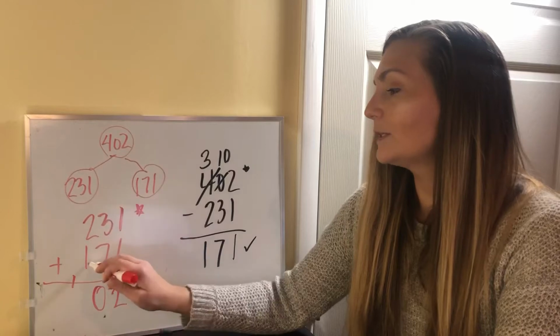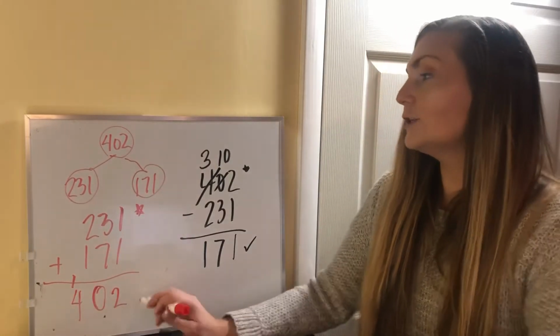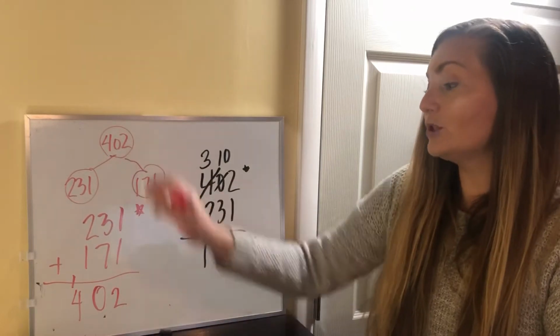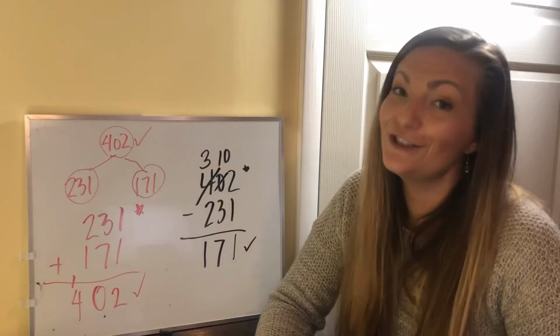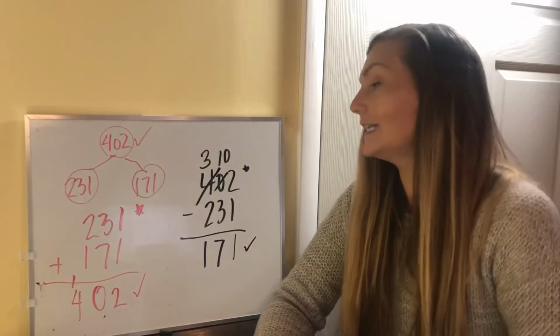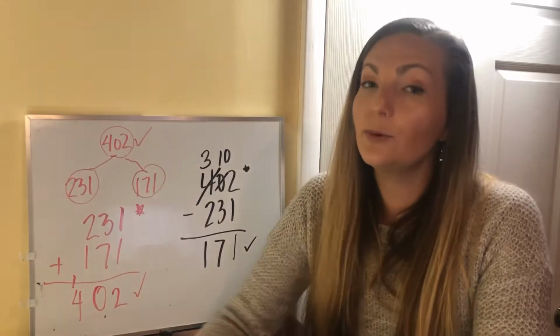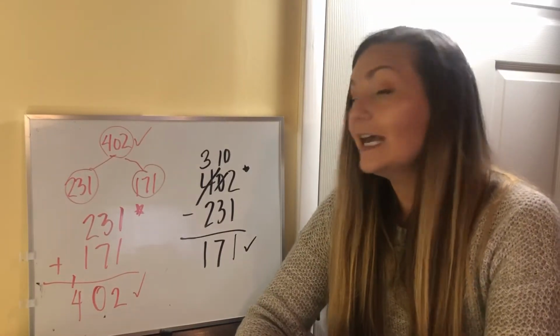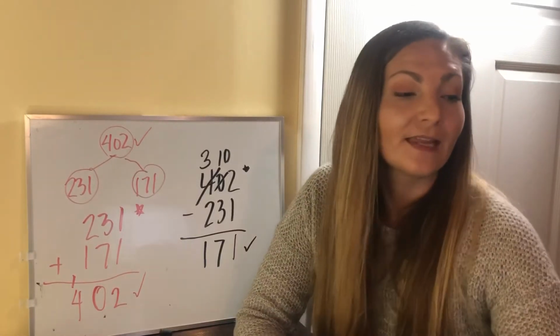Yep. 2 plus 1 is 4. 402. Did I get the same total that I found before? So now I feel pretty darn sure that I'm correct, right? Because now I've checked it using 2 strategies and checking with addition. And if you got the same answer too, that makes me feel even more sure about our answers.